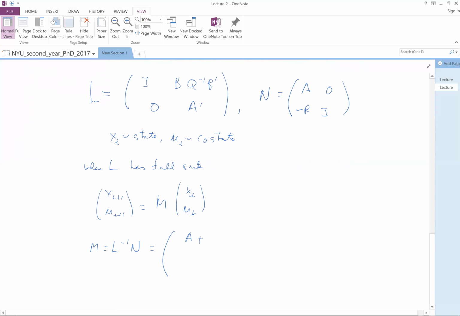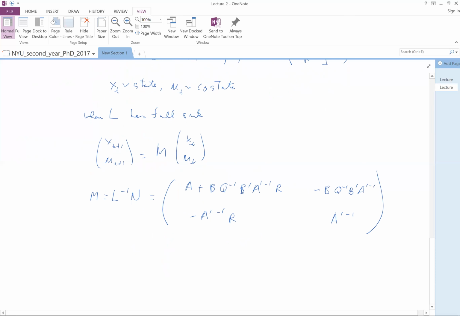There's no reason to memorize this, but we might as well write it down. B prime A prime inverse R. So we're going to have this partition matrix minus A prime inverse R, and then here we're going to have minus B Q inverse B prime A prime inverse, and we're going to have A prime inverse. That's our matrix, this matrix M.